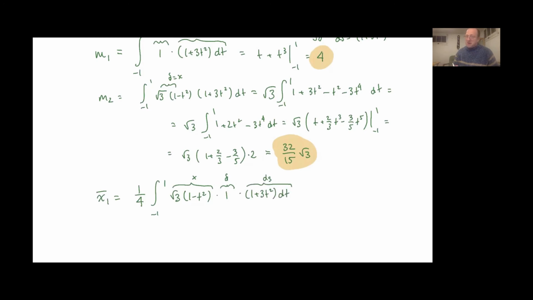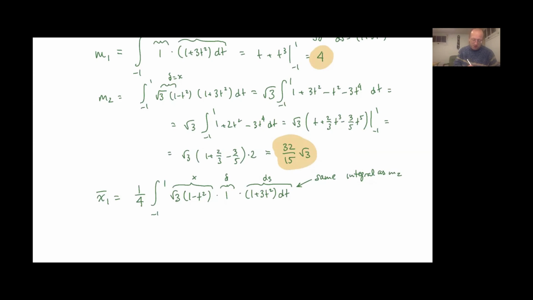And perhaps you might recognize this integral. This integral is the same as the mass integral we just did. Same integral as m2. So for once, we don't have to work too hard.